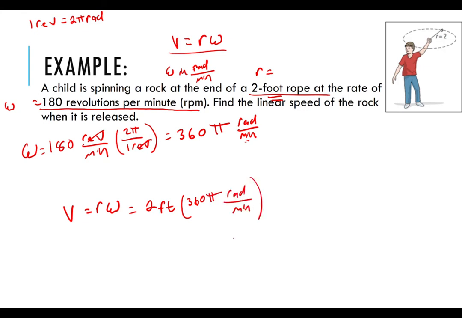Since a radian is technically a unitless measure, feet is just taken on, and this gives us 720 pi feet per minute. They didn't tell us what units they wanted the linear speed in, they just said linear speed, and so we're good.